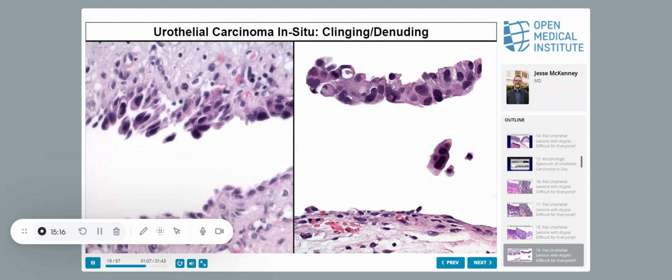So always start with benign urothelial mucosa, and then you can say whatever you want, okay? But on these, I just say denuded urothelial mucosa. My urologists know what that means, but if you wanted to put a comment, the comment would be that you need to correlate with the cytology. The reason is these are floating around in the urine and they're not in your biopsy. And I have another slide that goes into more detail about that.